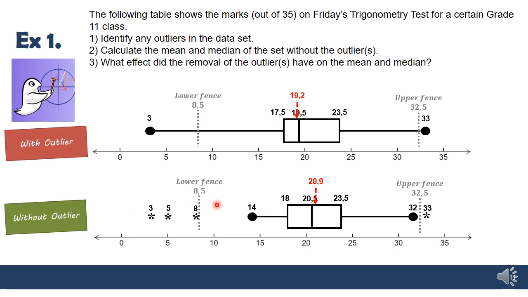I now have a minimum value at 14, maximum at 32, we can see that this box and whisker is a little bit more symmetrical. The median and the mean are still relatively close. They were relatively close to start with, okay? So the data was relatively symmetrical at first, but it had these long whiskers.